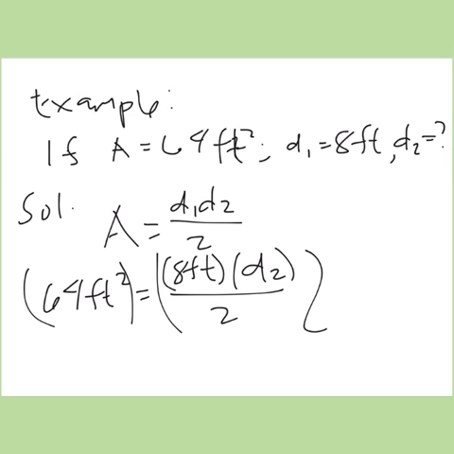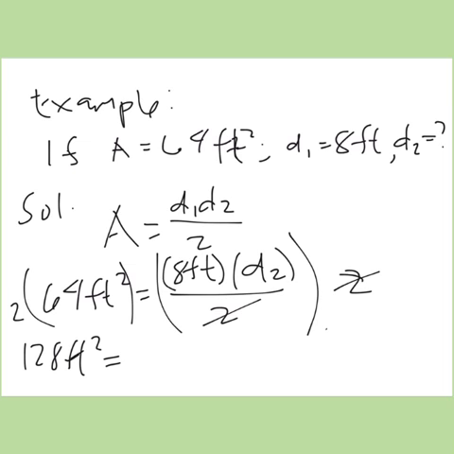Then multiply both sides by 2. Cancel this one. So 64 times 2 is 128 feet squared equals 8 feet D sub 2.